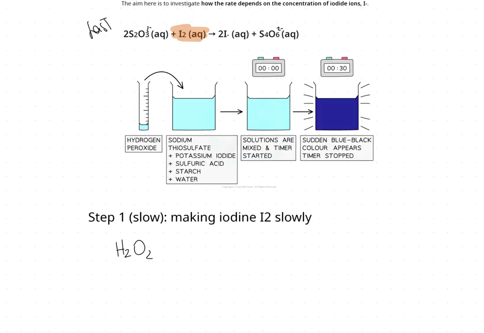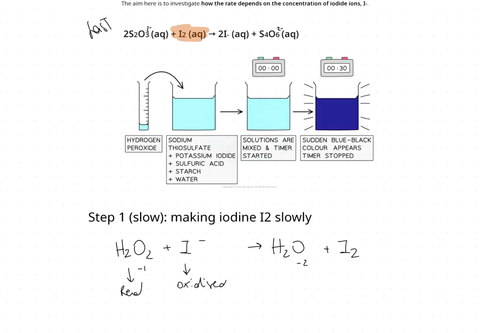The change between hydrogen peroxide and water is a change in oxidation state from -1 to -2 for the oxygen. So actually the hydrogen peroxide is reduced. The iodide, because it goes from iodide to iodine, I2, is oxidized. So essentially it is a redox reaction that is taking place.